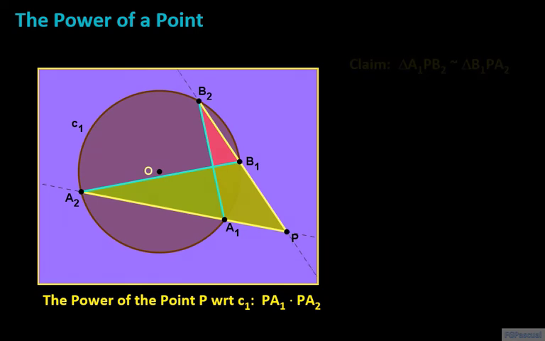Let us proceed with the proof of the claim that triangle A1PB2 is similar to triangle B1PA2 for the case when P is outside the circle. We go about the proof by showing that corresponding angles between the two triangles are congruent. And we only need to show two pairs of congruent corresponding angles.